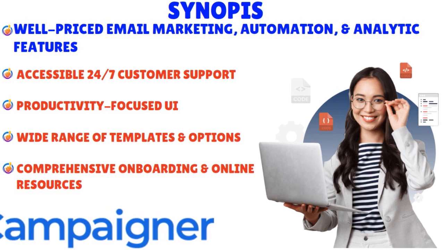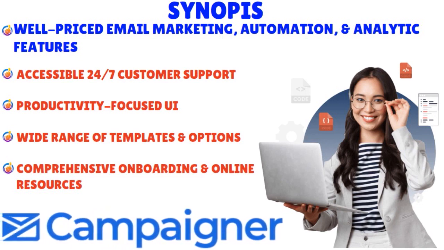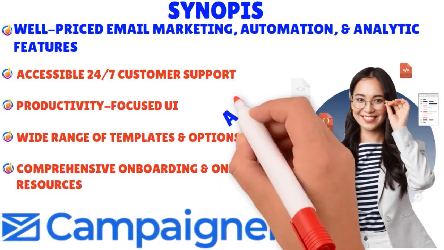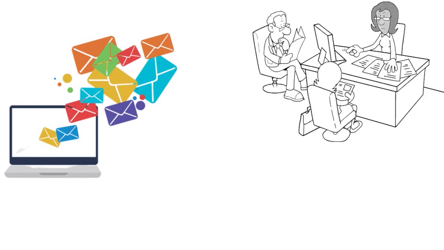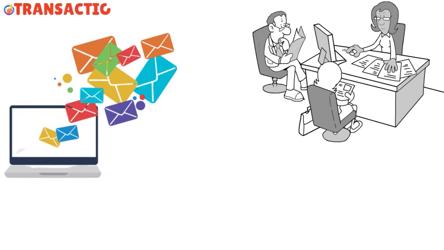When we talk about Campaigner, they have some specs you want to pay attention to. They're really good in our view. We love the A/B testing that comes with Campaigner. We love the unlimited email, the ability to send email in volume, and we love the annual plans also. So if you are a small business owner, a startup, a mid-sized business, or an enterprise with large email volume needs, then you will love Campaigner email marketing, especially when it comes to transactional emails.